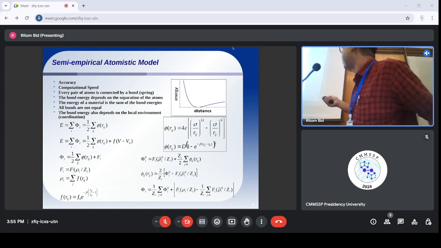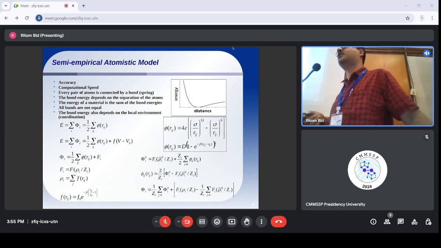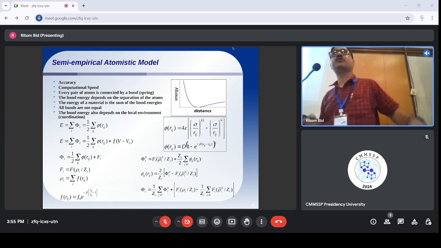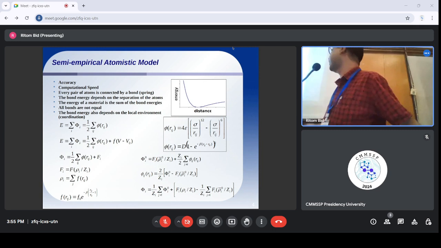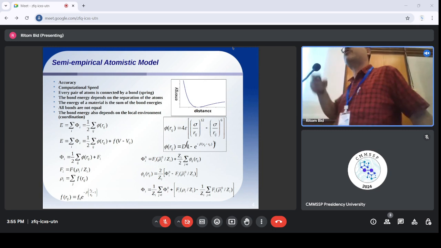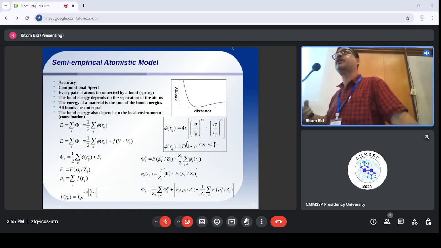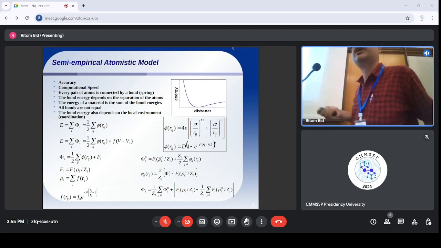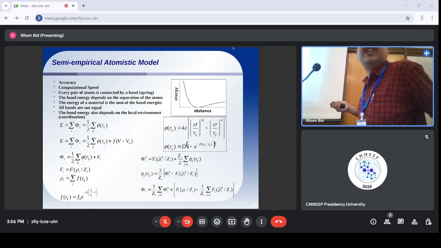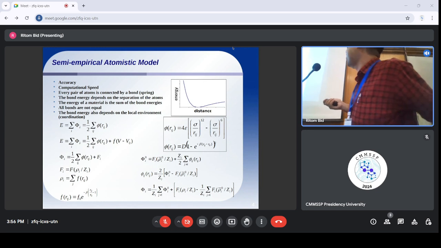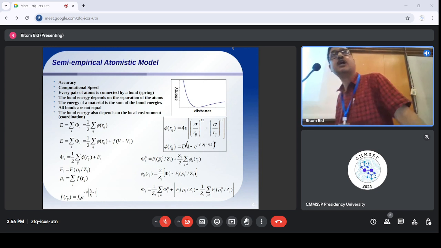But the Lennard-Jones potential fails when you have a surface, so the surface atoms actually evaporate. With the Morse potential, if you try to make a nanoparticle or put a dislocation into it, then it disintegrates. So these kinds of problems are there with the classical potentials. So around the late 80s, 88 or 89, the embedded atom method evolved.